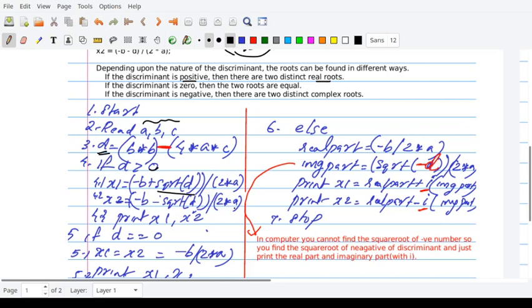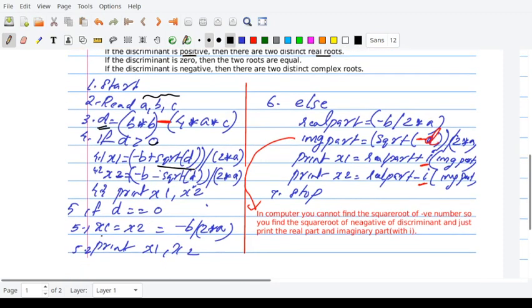Now if your discriminant is equal to 0, you have the same roots, x1 is equal to x2 is equal to minus b divided by 2 into a. And if d is less than 0, you have two complex roots. So what is a complex root?